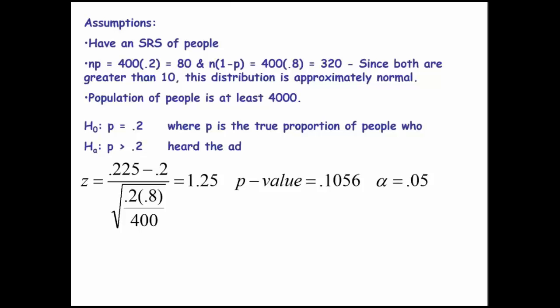Using our calculator, we want to do normalcdf of 1.25 out to infinity. We should get a p-value of 0.1 with a stated alpha of 0.05.